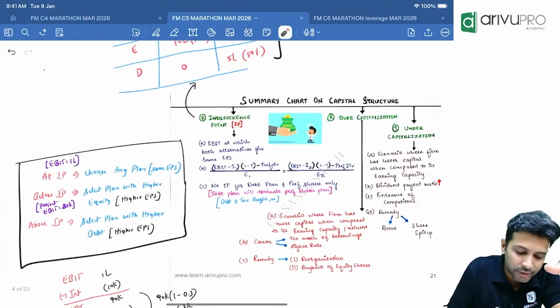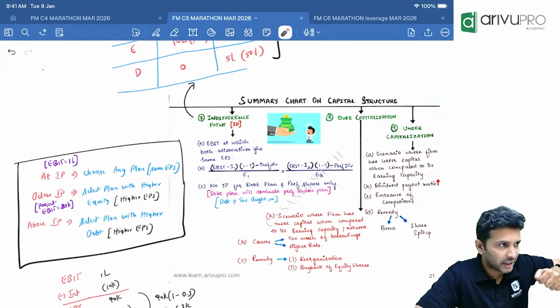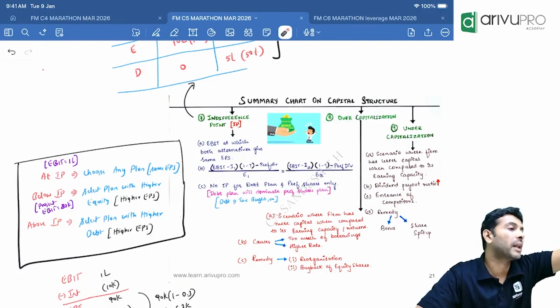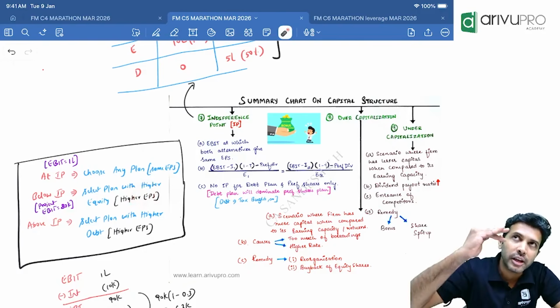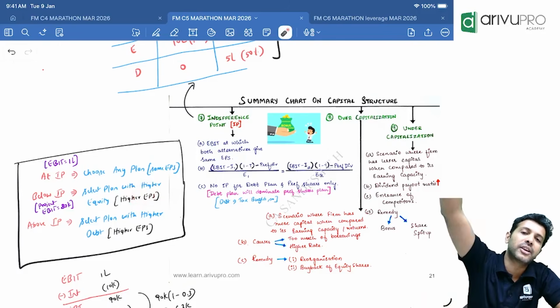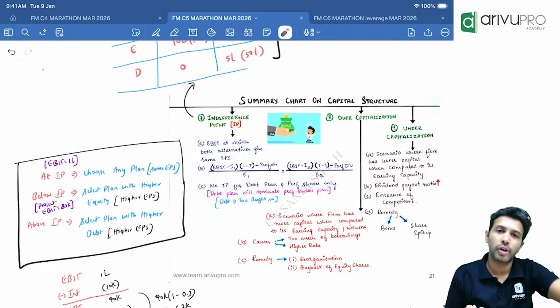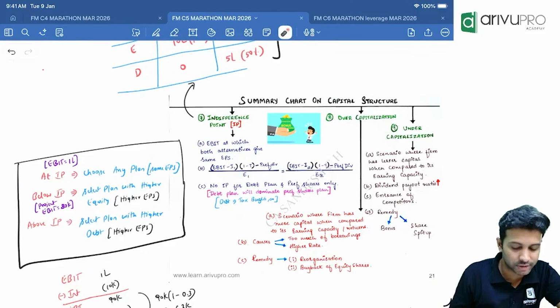If you are below the indifference point, if your actual project's EBIT is lesser than the indifference point EBIT, then you will always select that plan which uses higher equity because that plan will give you higher EPS. If your project's EBIT is greater than the indifference point EBIT, meaning you are above the indifference point, then you will always select that plan which uses higher debt because that will give you a higher EPS.